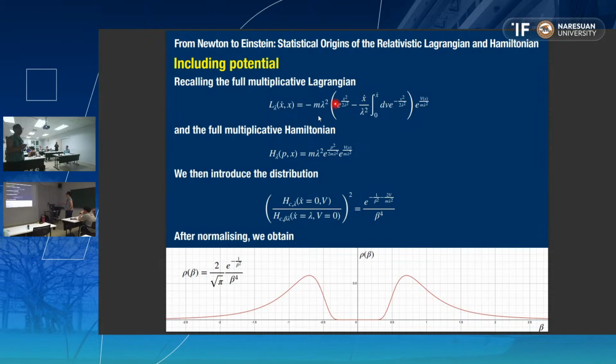We just naively look at the form of the Lagrangian, and we do the scaling of the parameter lambda.